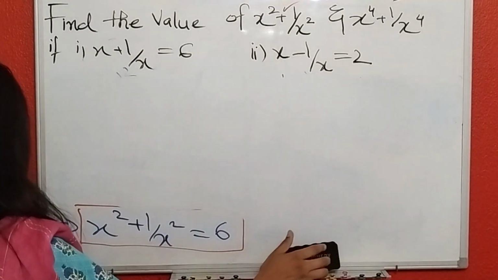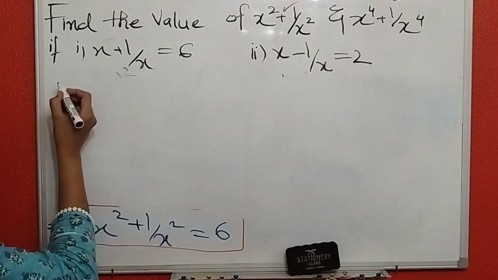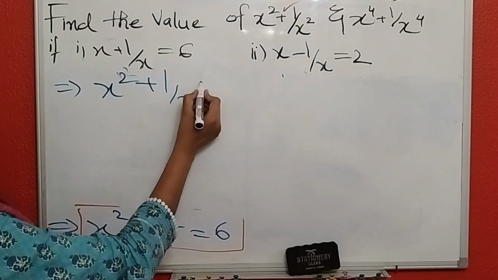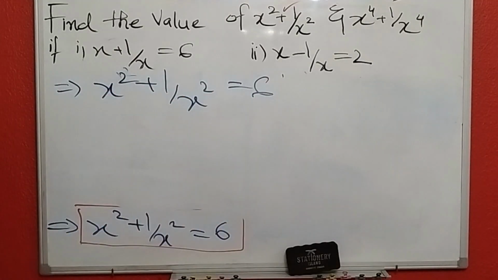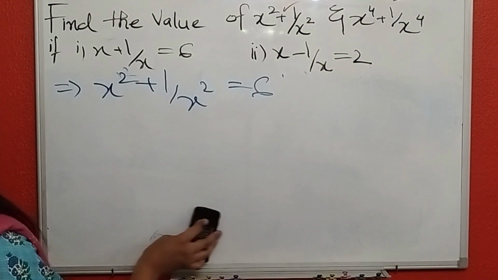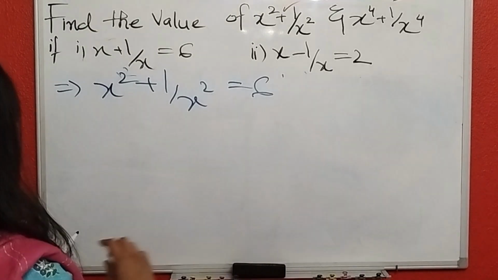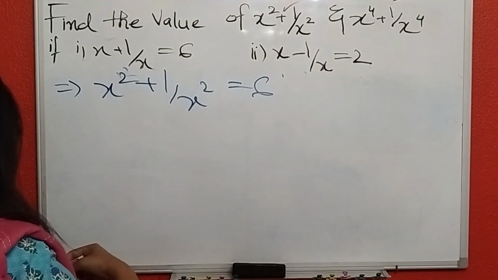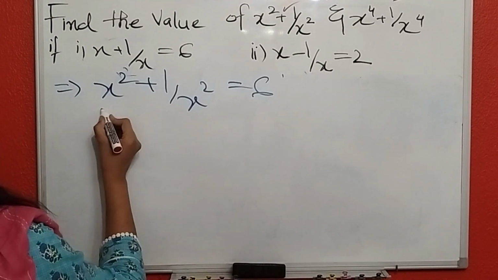First of all, I am writing x square plus 1 over x square is equal to 6. To convert these values in the form of x power 4, I am going to apply squaring on both sides.